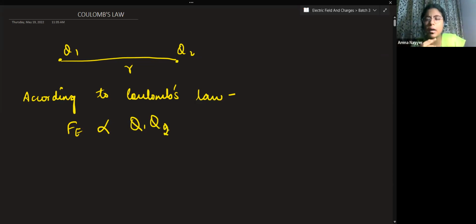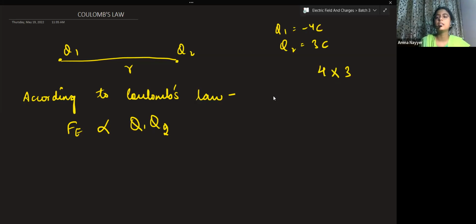If Q1 is -4 Coulomb and Q2 is 3 Coulomb, you have to consider only the magnitude. So considering only the magnitude, 4 multiplied by 3 gives us 12.